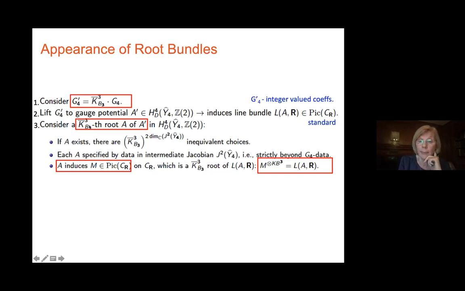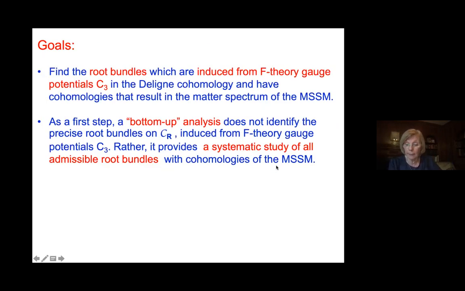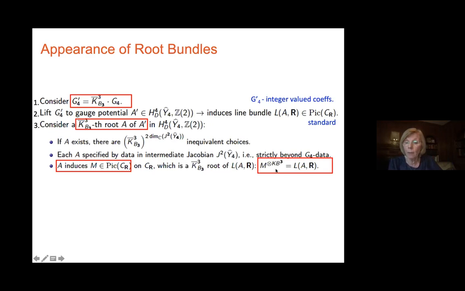On the other hand, if we now look at a line bundle that is a K3 root of this A prime bundle, we would obtain in principle a root bundle that also induces a line bundle on the curve, but has the property that its K3 power is the original line bundle of G prime.